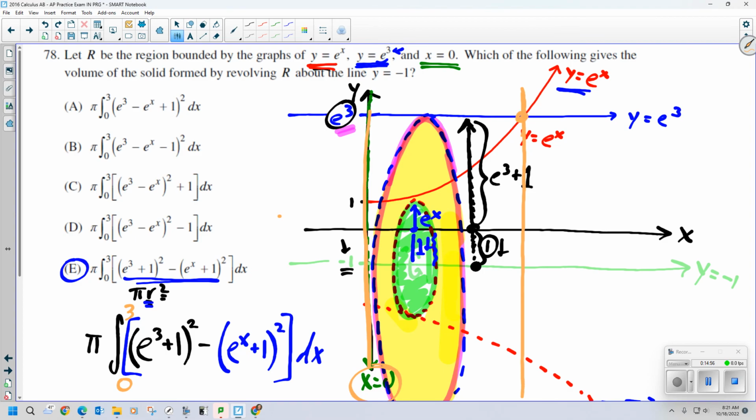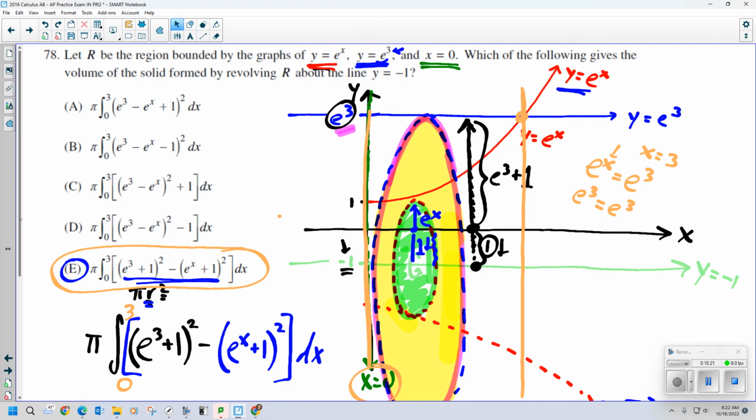Right here, e to the x equals e to the 3. This x needs to be a 3 for these to be the same. X has to equal 3 here. That's my right bound. You could graph that and use the intersect function in your calculator. You absolutely can. But you need to know how to set up volumes. You integrate areas. Choice E.